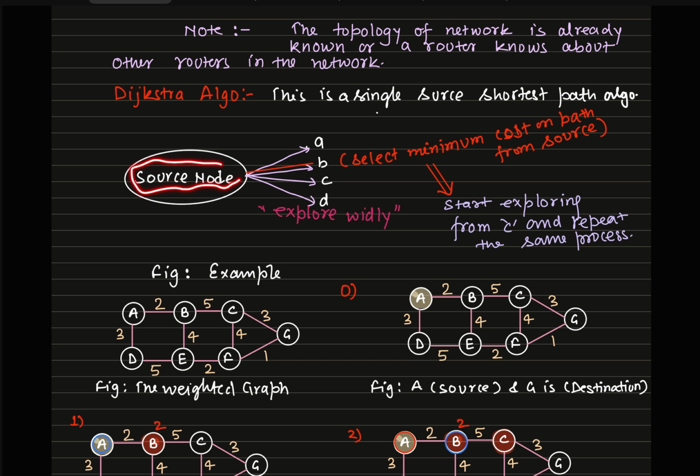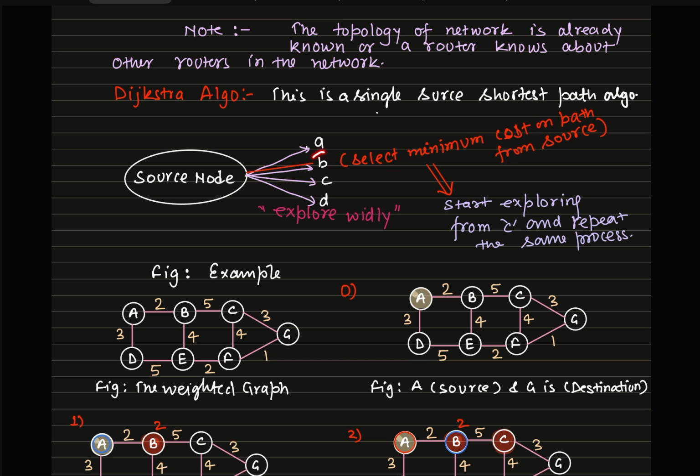We have a source and we explore all the neighbors which are directly connected to this source. Out of these neighbors we select the cheapest one, because the cost on each link is given. We select the minimum cost on the path from the source.